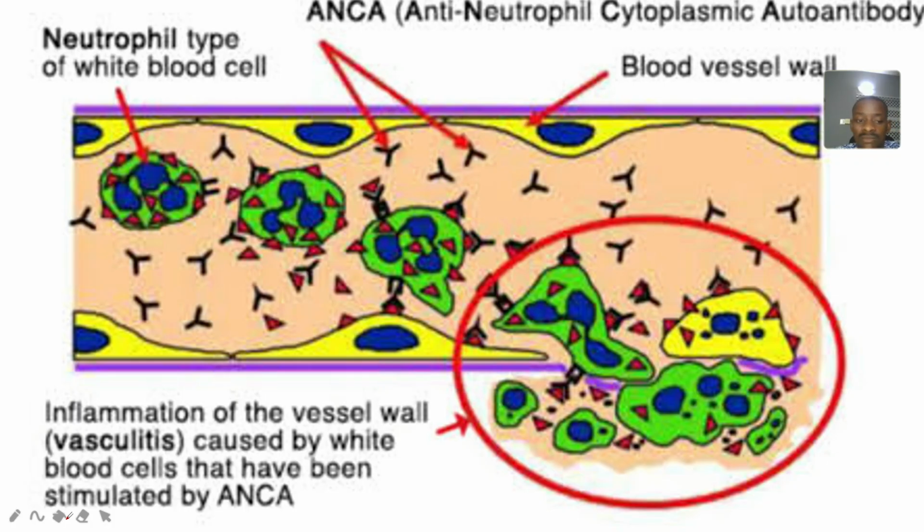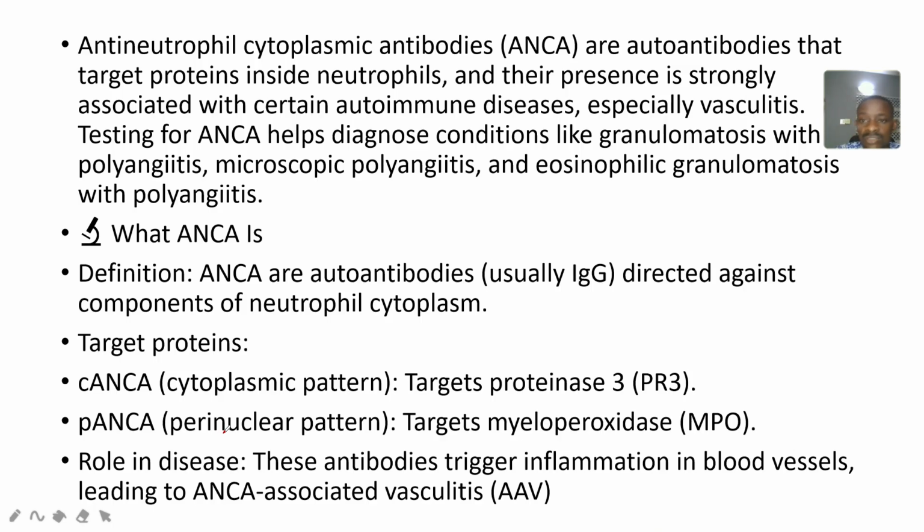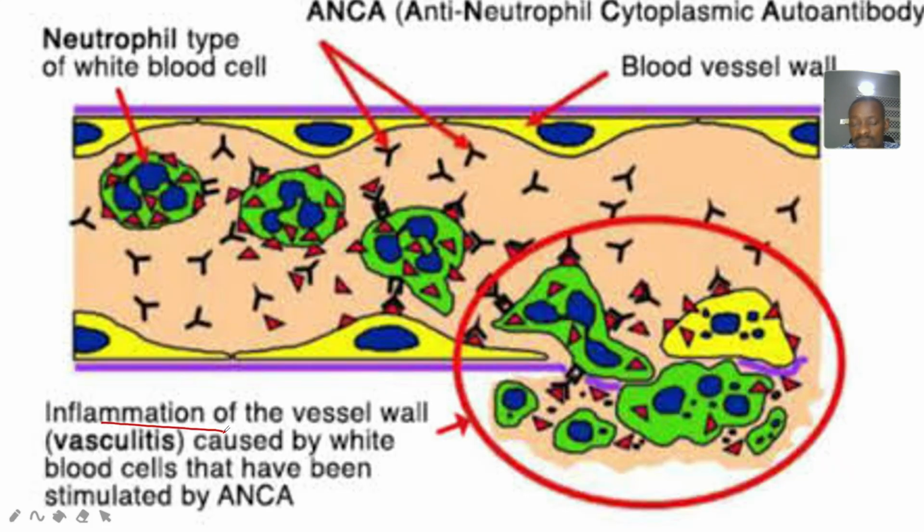You usually see it in all those inflammatory conditions of blood vessels. The levels will be high. They're actually autoantibodies. When you say autoantibodies, it's like a disease condition where the body's own immune system is attacking the body's own tissues.